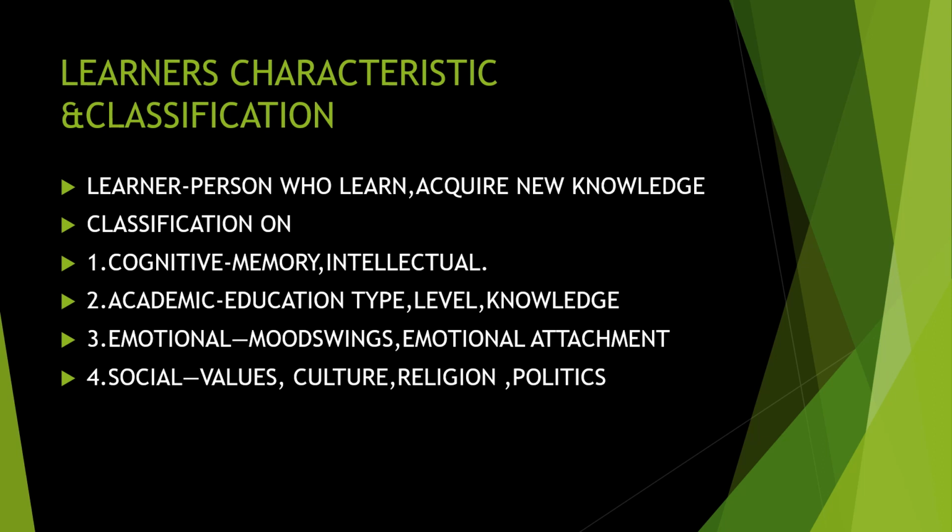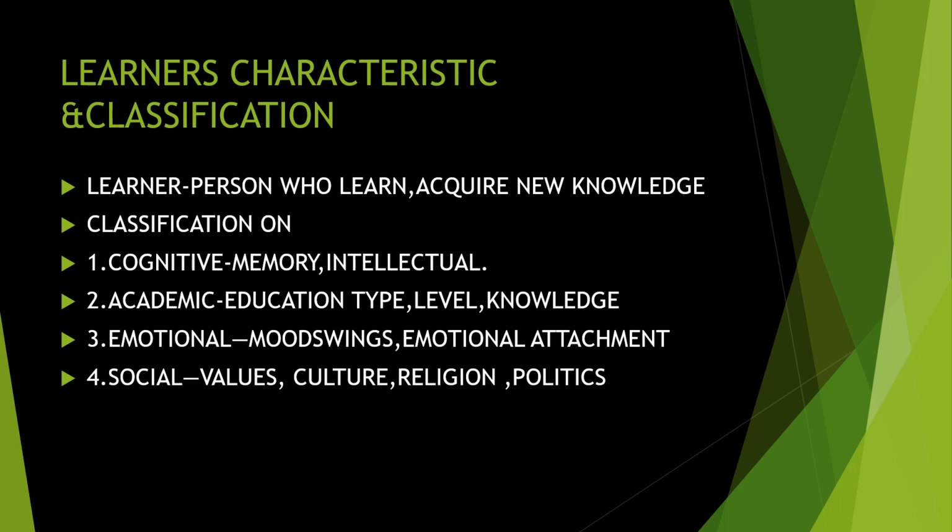Some students have high attachment to teachers or parents, but some don't. They will be like isolated people. So the emotional level also has an important part in the case of a learner, and it can influence the learning process. All these levels influence the learning process. If all these levels are good or high for a learner, that learner is able to acquire knowledge very easily.